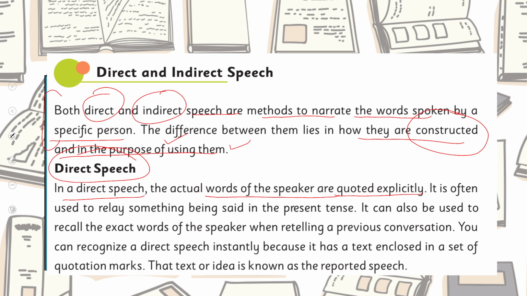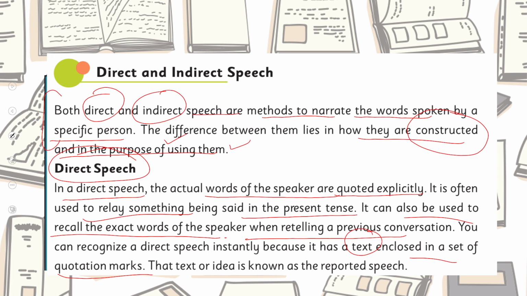It is often used to relay something being said in the present tense. It can also be used to recall the exact words of the speaker when retelling a previous conversation. You can recognize a direct speech instantly because it has a text enclosed in a set of quotation marks.